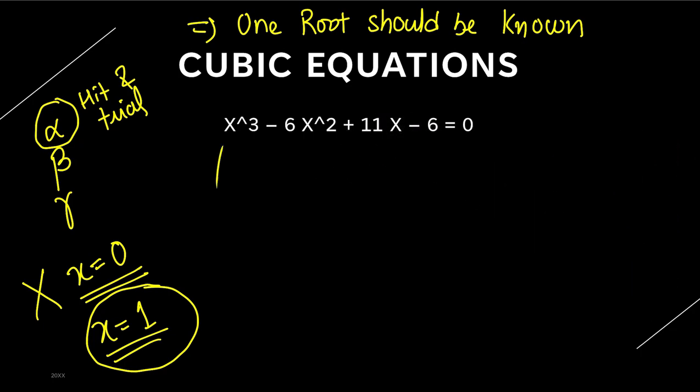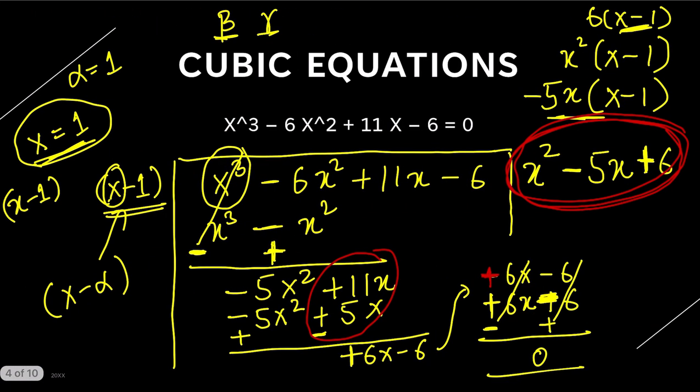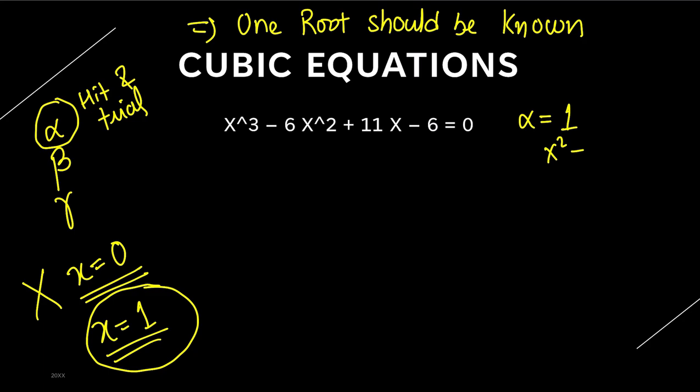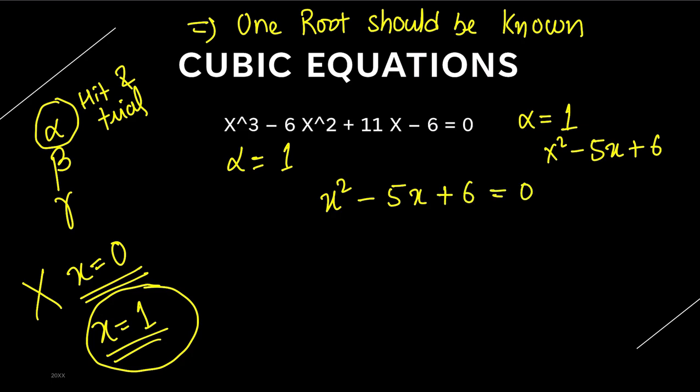So now I was able to find that x cube has one root of 1, and we were able to get x square minus 5x plus 6 as the other part, right? So one root is 1 and the other two roots will be found from x square minus 5x plus 6 is equal to 0.